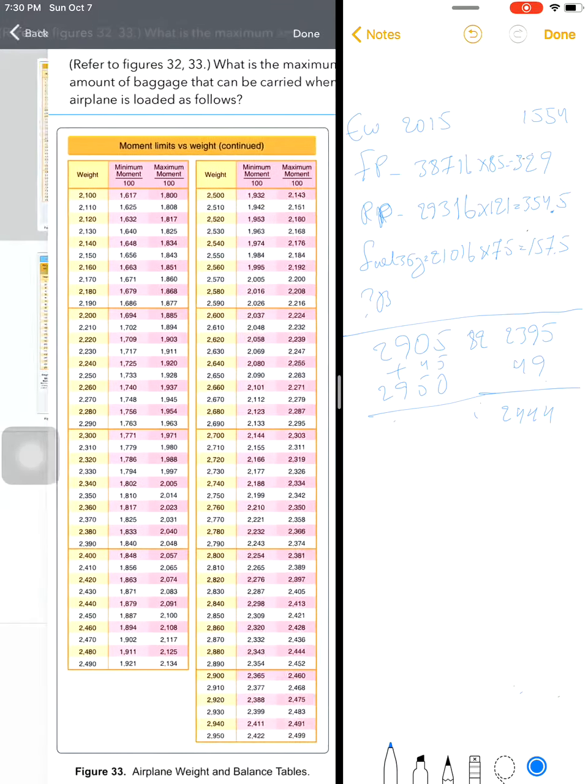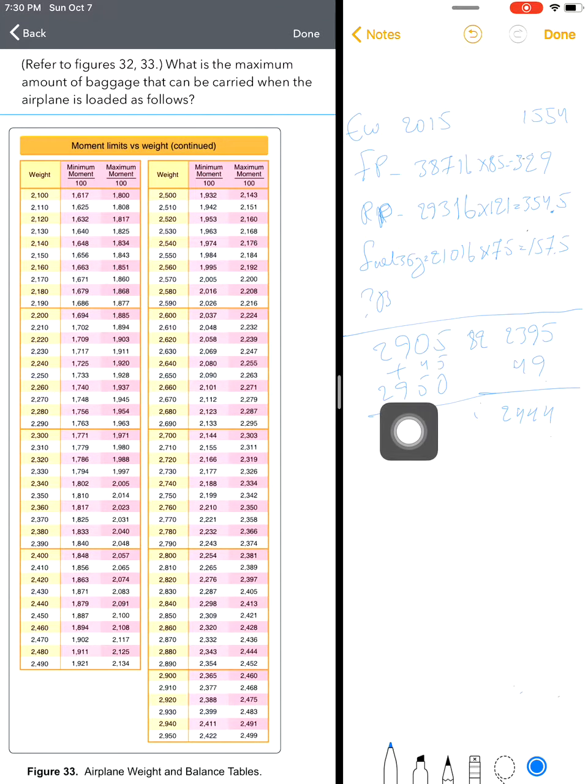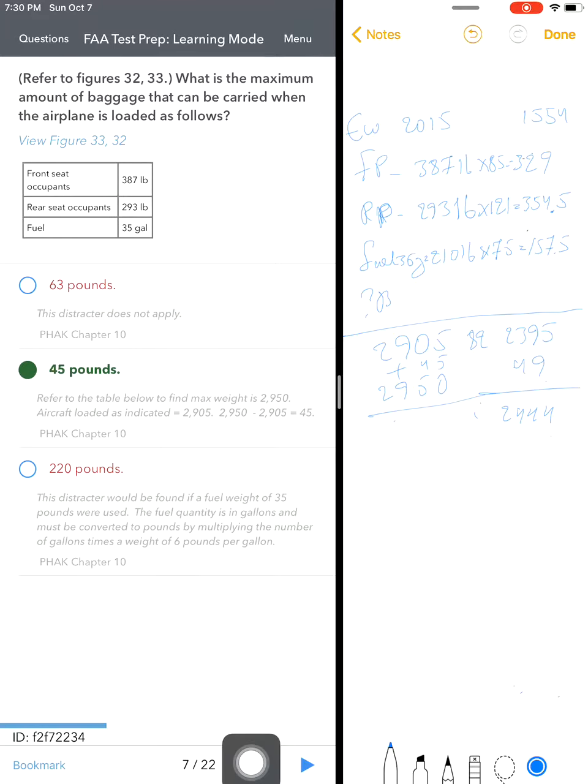And if I go back to this, 2950, it's between 2422, 2499. So we are exactly within the limits here, within the maximum. It should be good, 45 pounds. If I get 63, it's probably going to get even worse. It's going to get higher. Perfect.